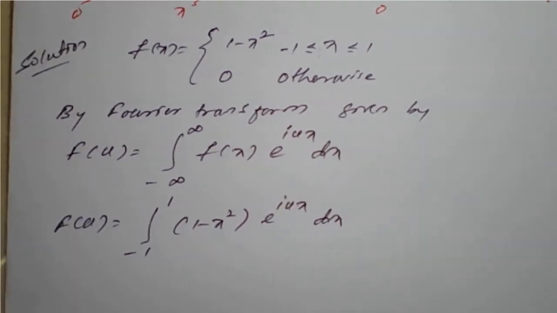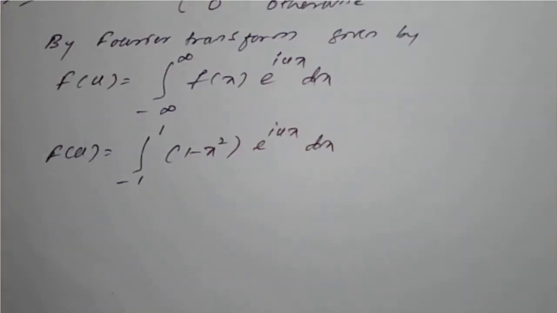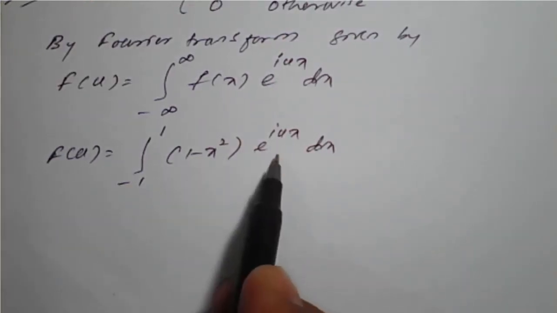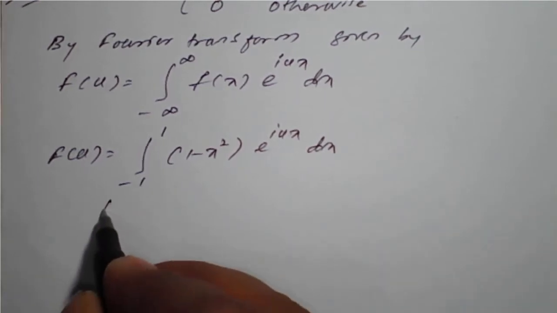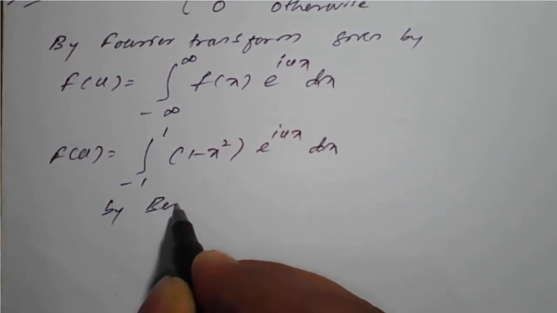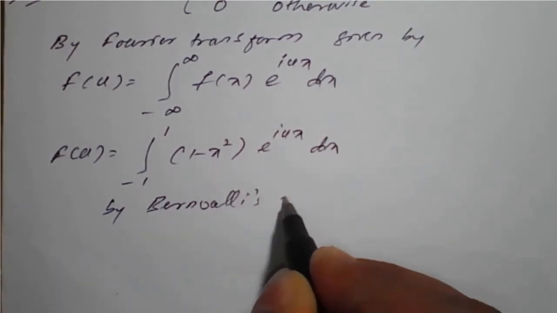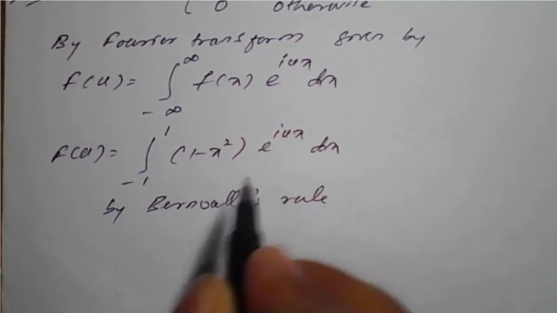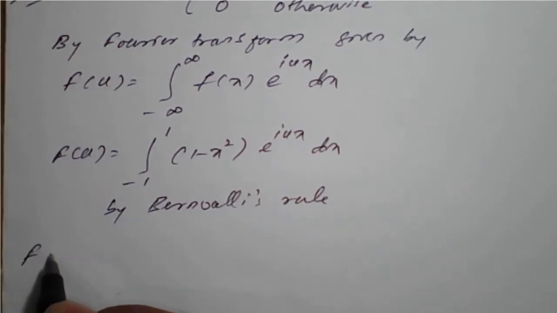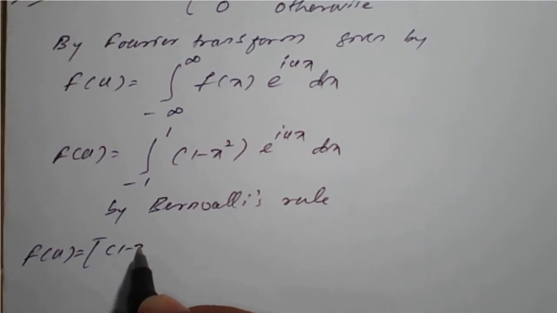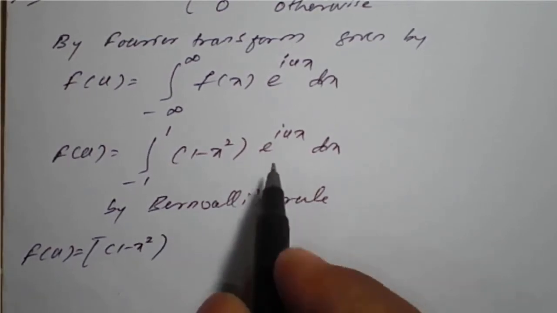So first we need to integrate this by using Bernoulli's u into v rule. So u into v, that is, keep 1 minus x square as it is.